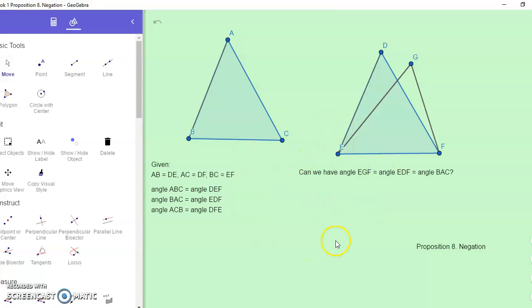Okay, so this is now our figure for the proof. So we have triangle ABC, we have triangle DEF, and we have triangle AGF. Okay.